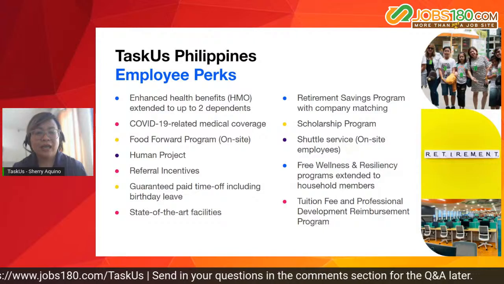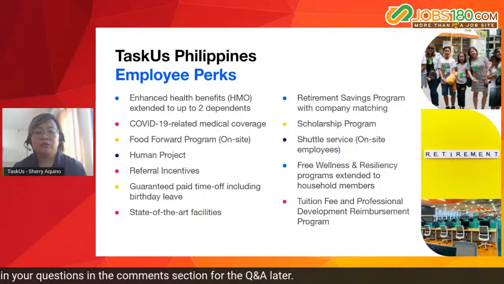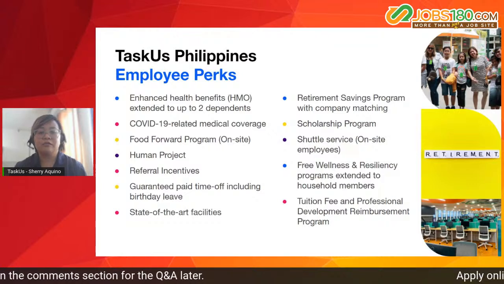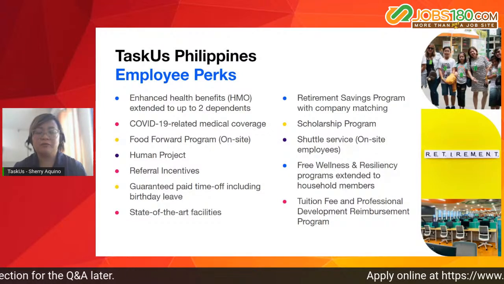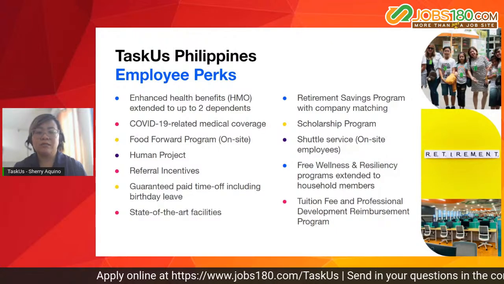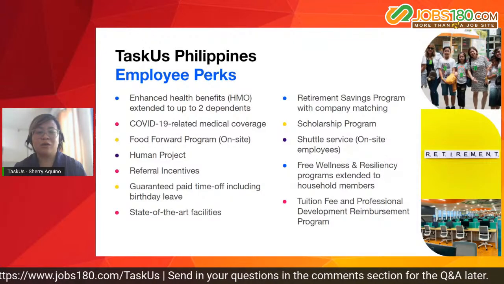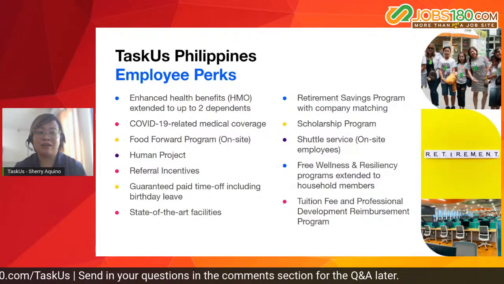And we have the retirement savings program with company matching. So this one, of course, it's a plus, no, that you have your retirement savings program, because you are somehow preparing for your retirement, and not all companies give this benefit. So TaskUs is one of those that have the retirement savings program.